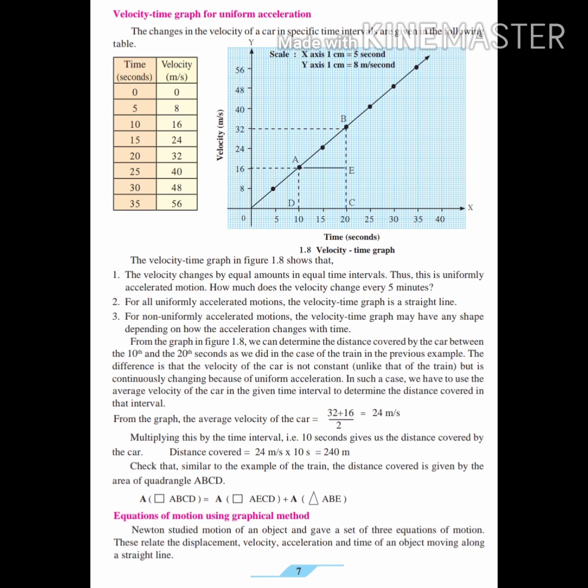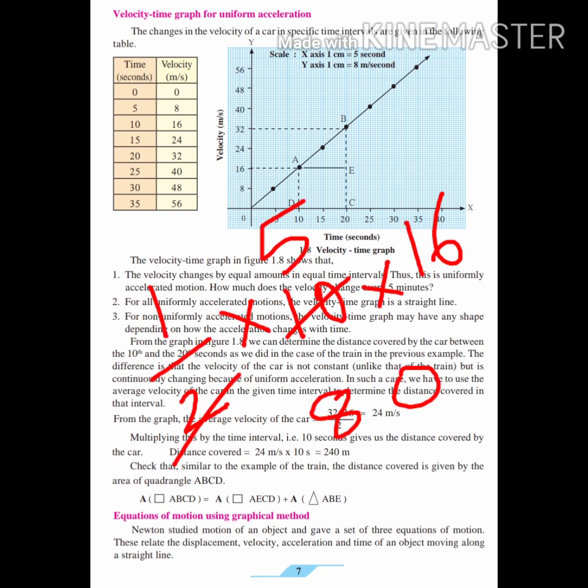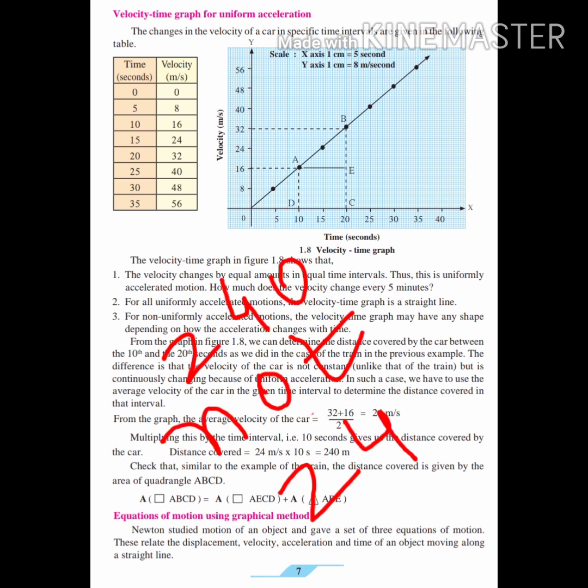So 16 into 10 will be 160, and the area of this triangle will be half into base, that is half into 10 into 16. Okay, so if you calculate all these things, it will also come out the same.